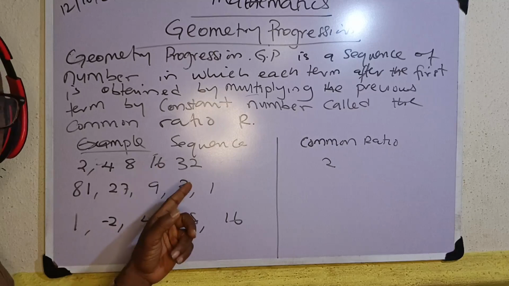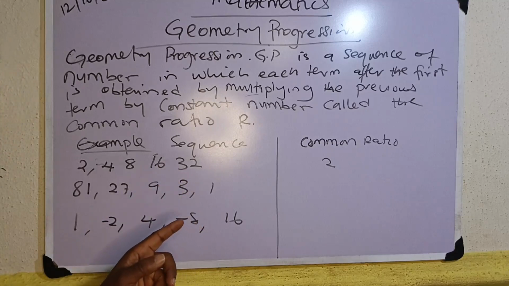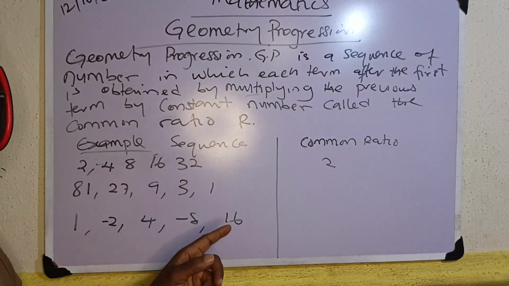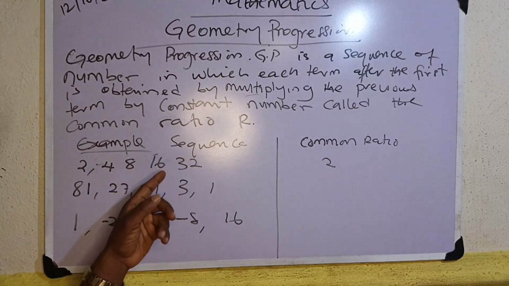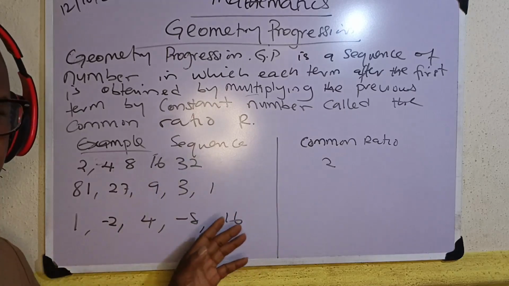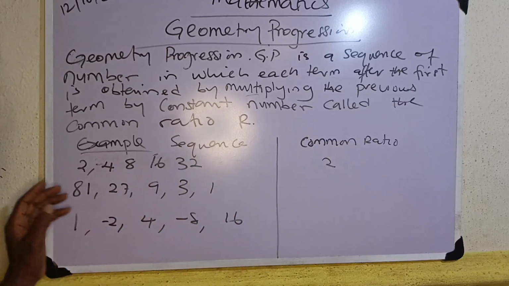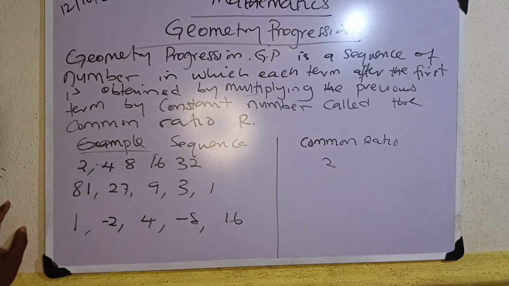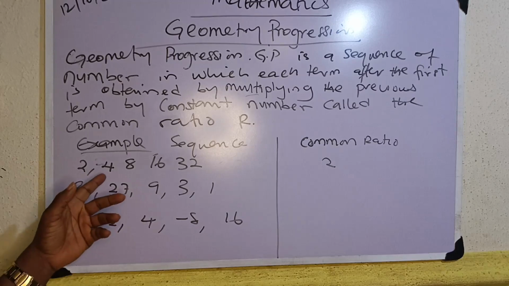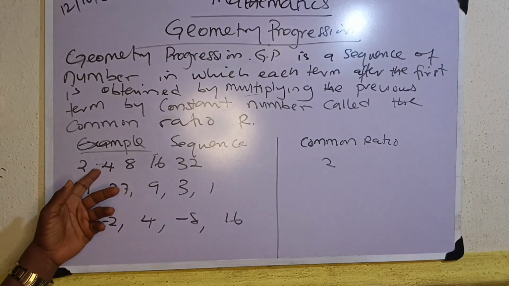It's a constant number we're going to be using. So in between the sequence, if you are multiplying by it, it will be constant in all the series. Once you get that number, it is called the common ratio.